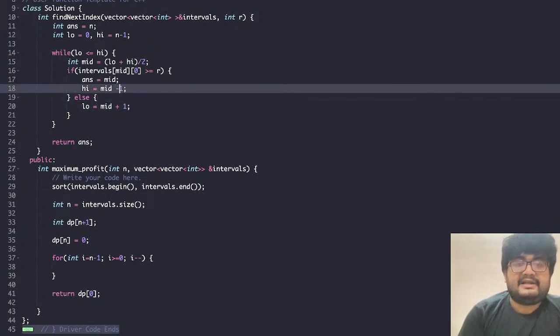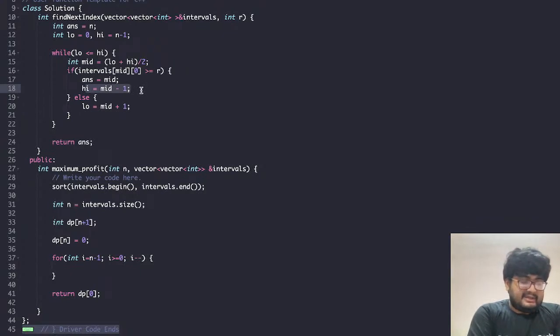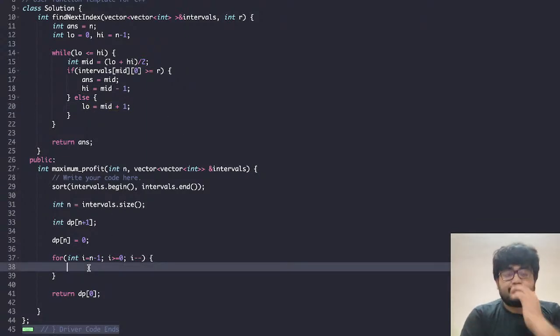So basically we are continuing our search for better values, and we are setting answer equals mid because this is a valid value, because intervals of mid of 0 is greater than or equal to r. Otherwise, for this it is less than, so our search space should be on the right hand side. So that's what we are doing.